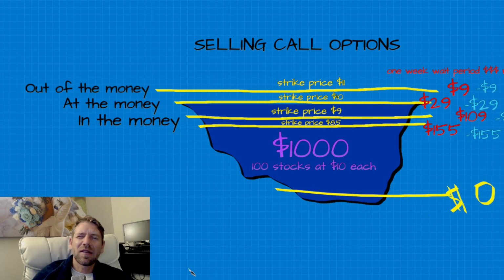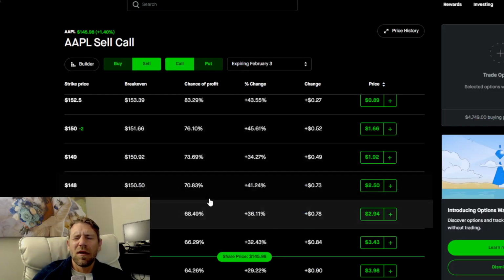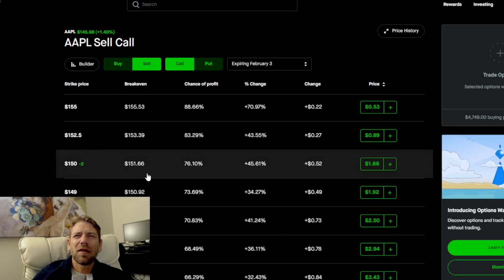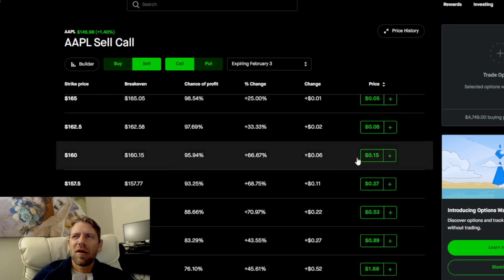Okay, because the stock ain't going down to like $10 next week. It's not gonna happen. So you would not get paid anything for guessing that. So the closer to the current price you are, the more you benefit, the higher the premium is. Okay, as we go further out, if you see 150 here, 155 is only $53. 160 strike price is only $15 for February 3rd call options.